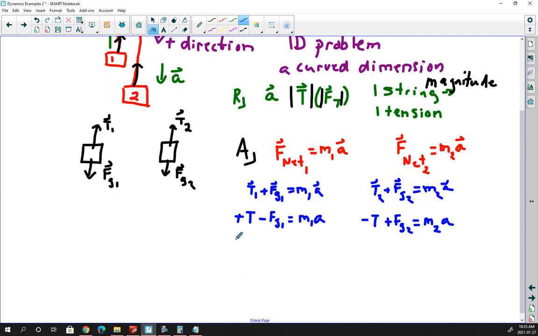So let's continue here. We know what force of gravity is. It's the mass of the first object times the gravitational field strength near the surface of the Earth. Notice no vector notation. Here, similarly, mass of the second object times the gravitational field strength.